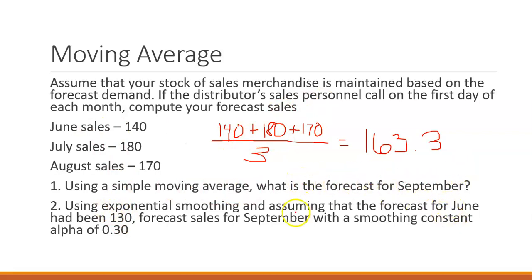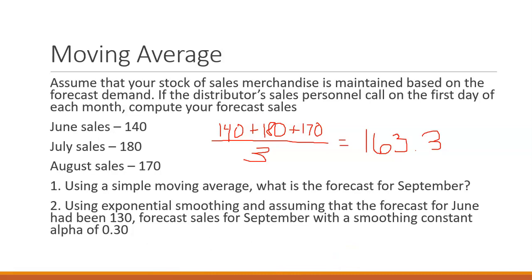What is forecast for September? So using an exponential smoothing and assuming that the forecast for June had been 130, we're going to forecast sales for September with a smoothing constant alpha of 0.30. So I'm actually going to split the screen for this.